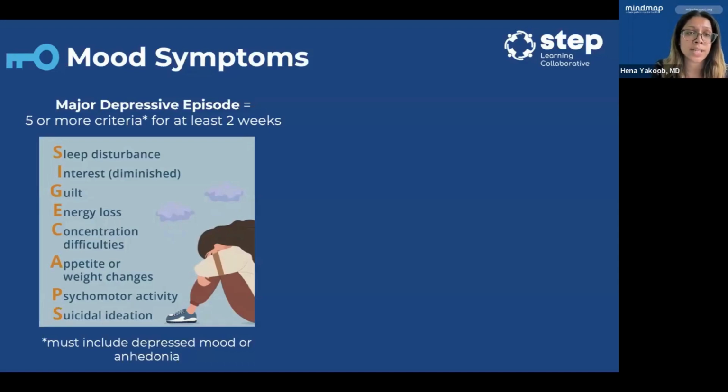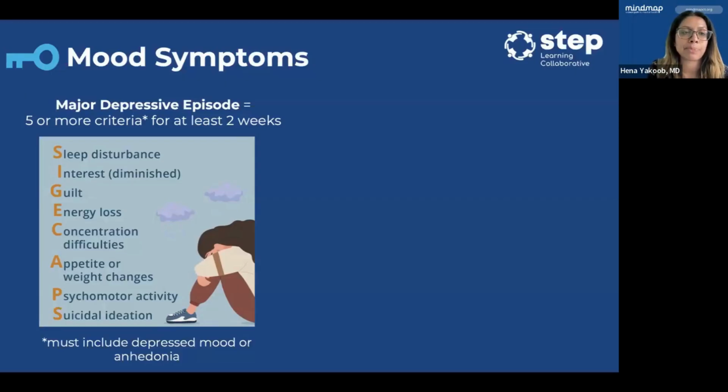So what constitutes a major depressive episode? And this may be familiar to many of you, but we have it listed here. A major depressive episode per the DSM-5 and 5-TR, the criteria are 5 or more of the following symptoms present consistently for at least the preceding 2 weeks.